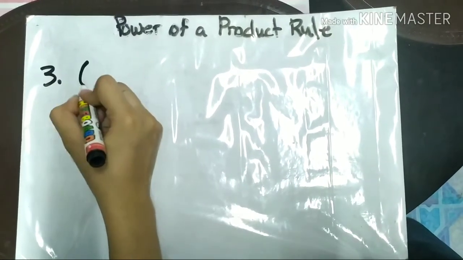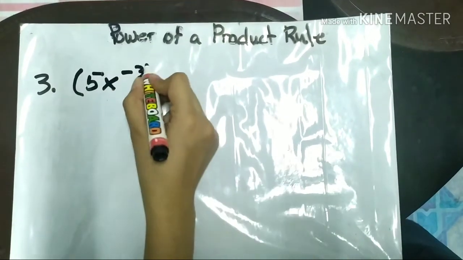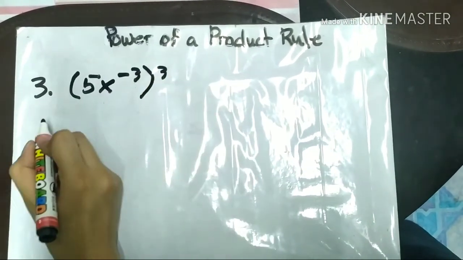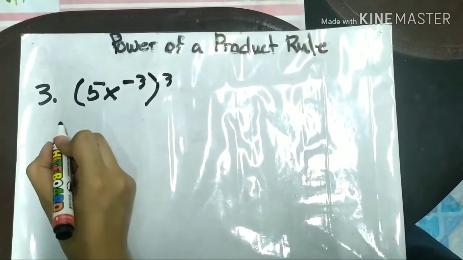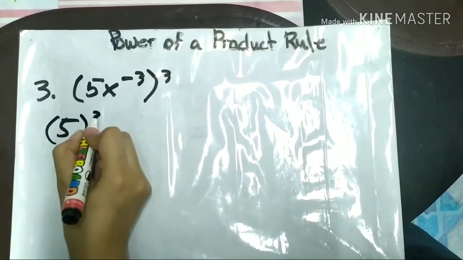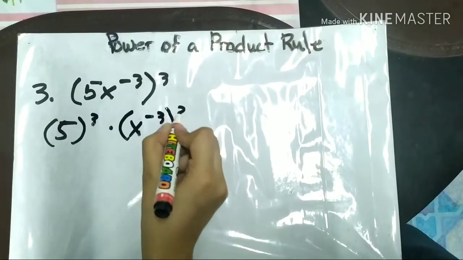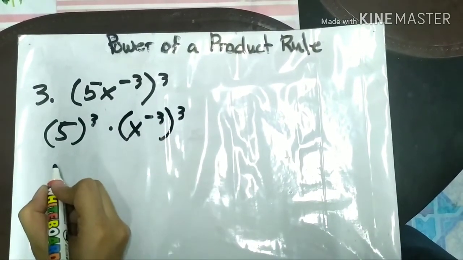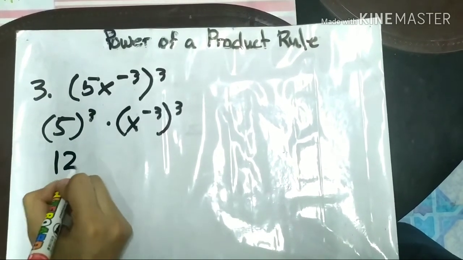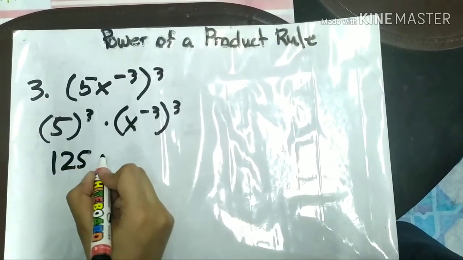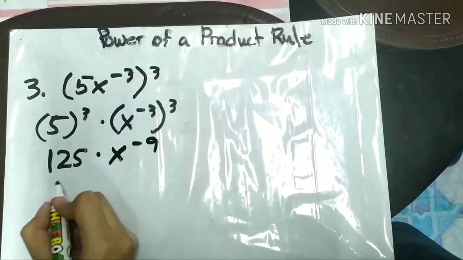Given is quantity 5x raised to negative 3 to the power of 3. Same as the previous problem, cube the terms inside the parentheses. So, 5 cubed multiplied by x raised to the negative 3 to the power of 3. Then, solve the two terms, which is 5 cubed is equal to 125, and the second term will be x raised to the power of negative 9.